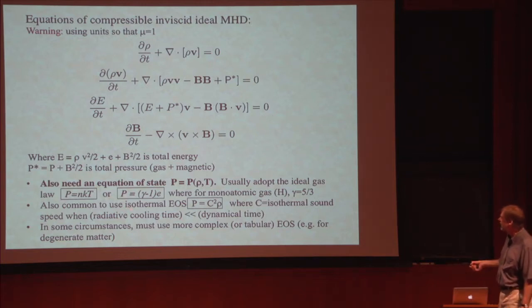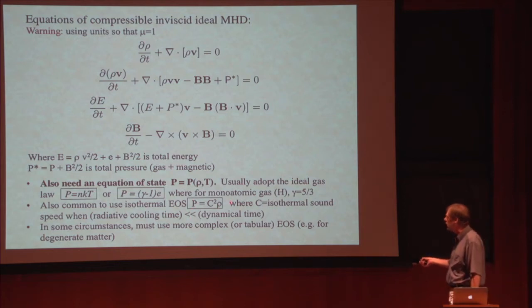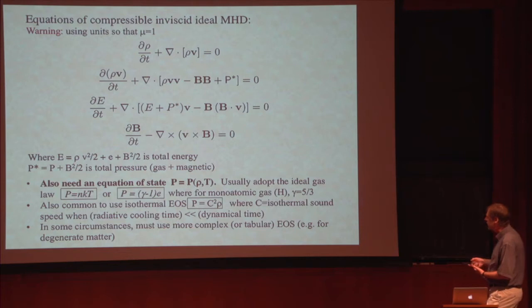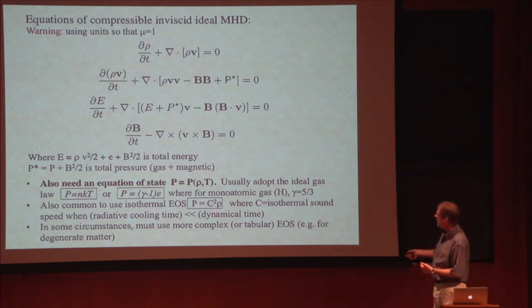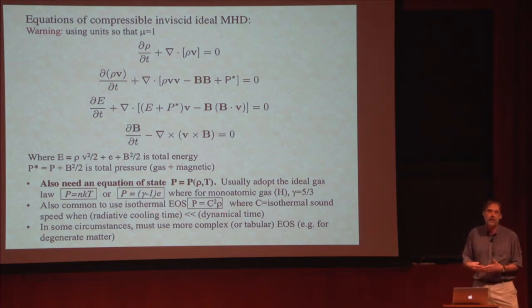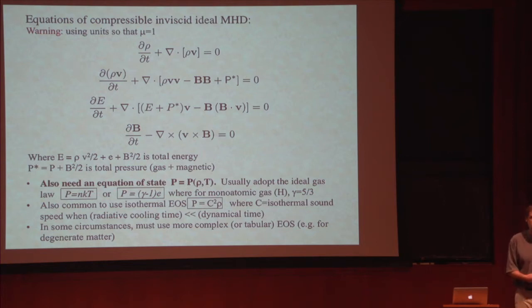In some circumstances, it's useful to use an isothermal equation of state. That is, the pressure is just an isothermal sound speed squared times the density. That's in the approximation that radiative cooling times are much, much smaller than any dynamical time, and so the temperature of the plasma is held constant.